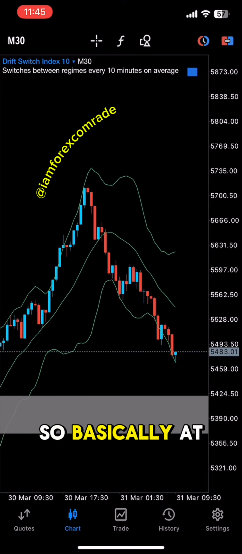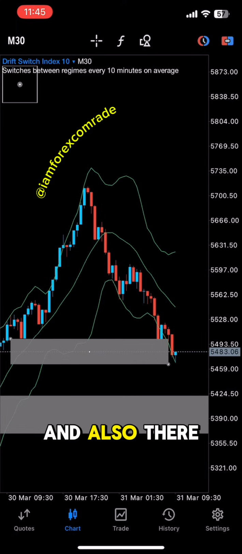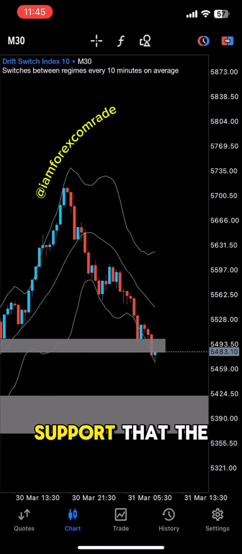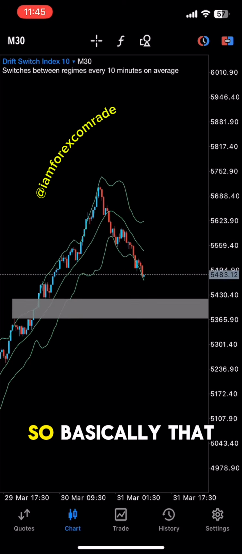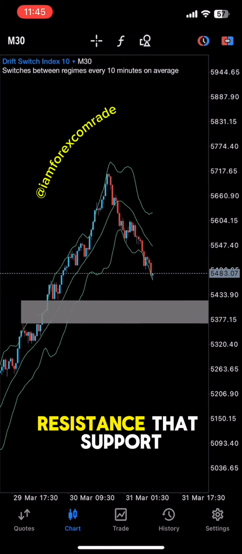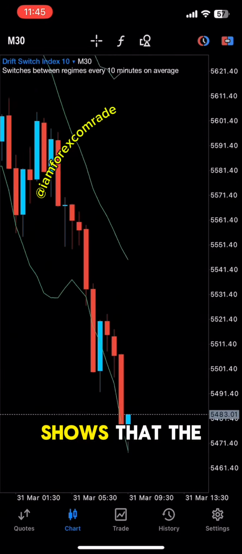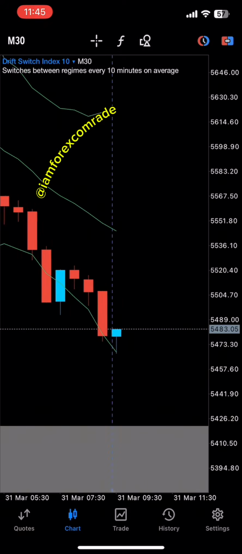At this point there was a fair value gap, and also a support that the current price is at. That support shows that the market is not just going to pass by easily.